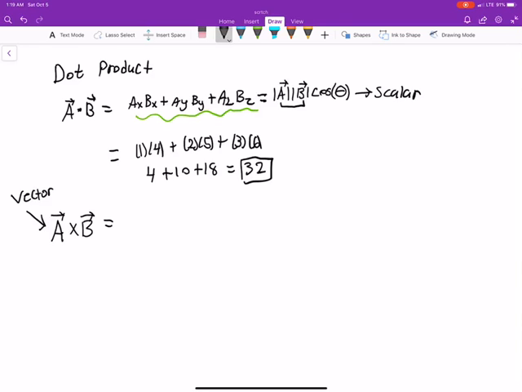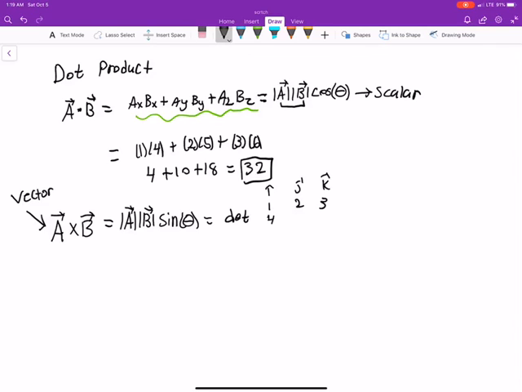That can be thought of as the magnitude of A times magnitude of B times sine of the angle between those two vectors. Or, if you want to do it the long way, it's the determinant, where this first row is our unit vectors. And we're doing A, so in this middle row of our determinant, we'll do 1, 2, 3.